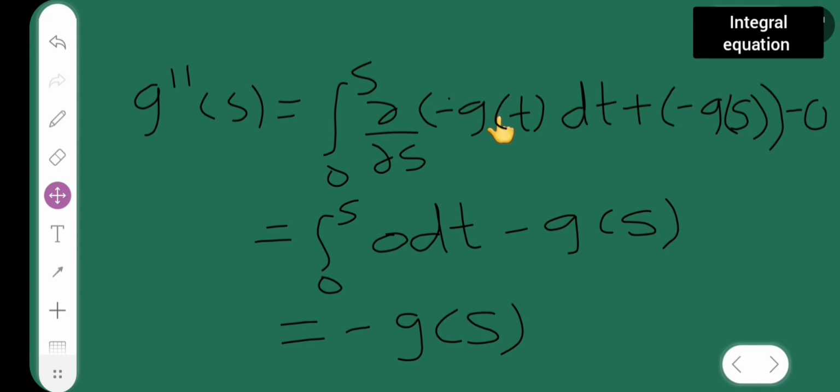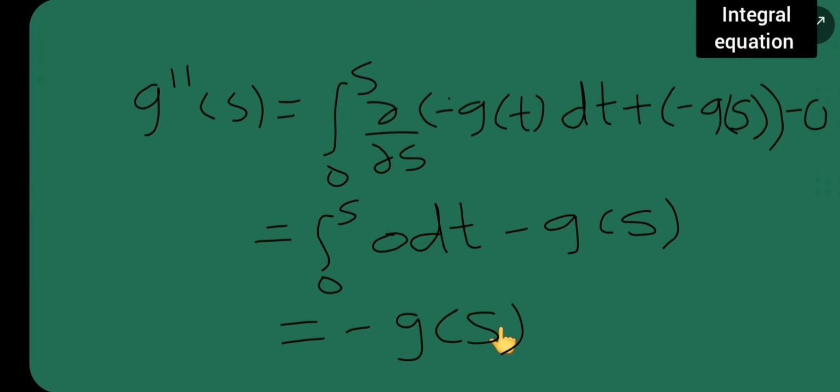Now differentiating with respect to s, it will be 0 because s is not inside, so it is constant, which I have plugged in over here. So this is equal to integral from 0 to s of 0 dt, and the minus is because of this g of s. And finally what I am going to get is minus g of s.